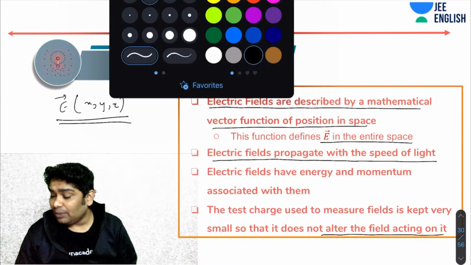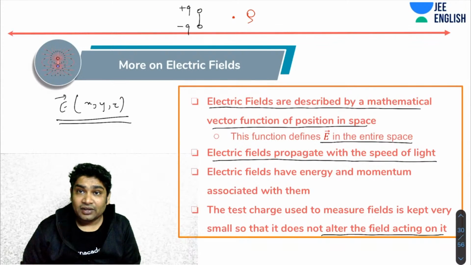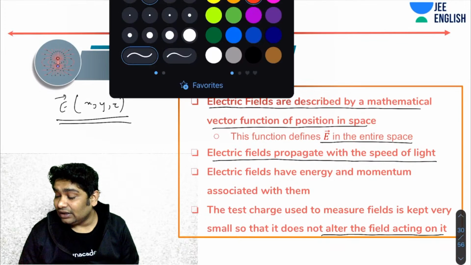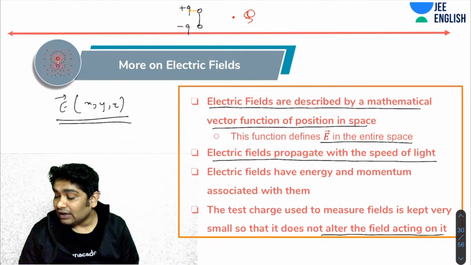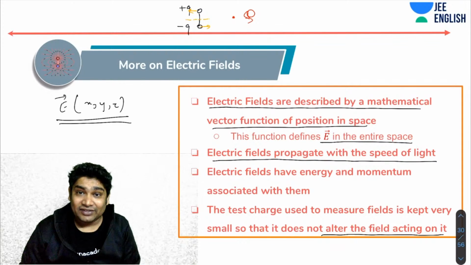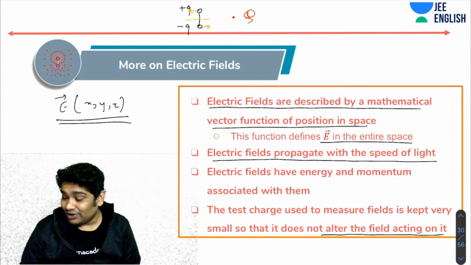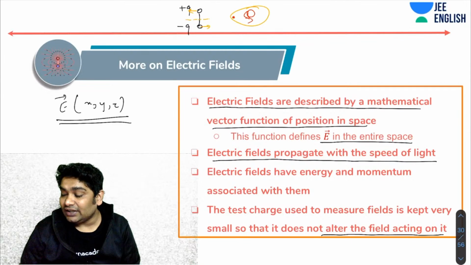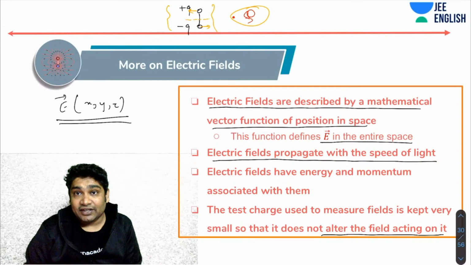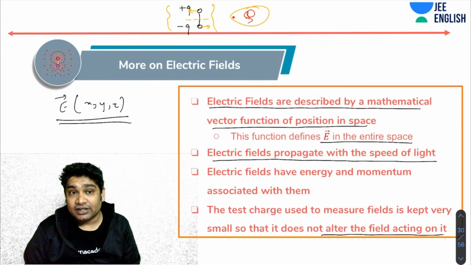And suppose I brought a positive Q charge here. If this was a very big charge, it would have repelled this one, attracted this one, probably causing this dipole to rotate, even if the dipole was fixed. And the moment it rotates, the electric field changes. So if this charge is too big, it can alter the original configuration which is creating the field. That is why the test charge is usually kept very small, so that it does not disturb the original field-creating charge configuration.